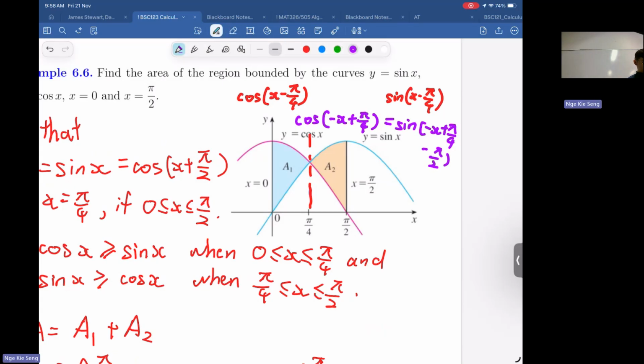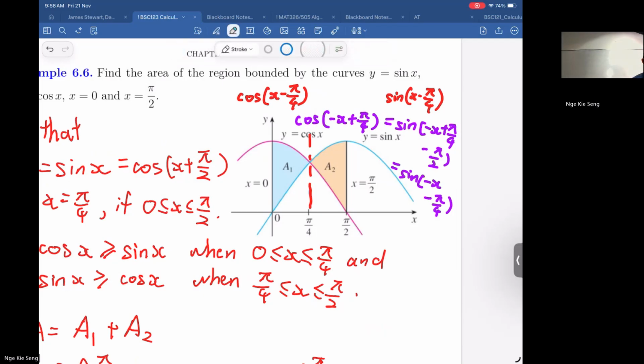Is it true or not? Such that we get sine of negative x minus π/4. And that's not close to what we want. Oh, I think I'm wrong. I'm wrong. We shouldn't.